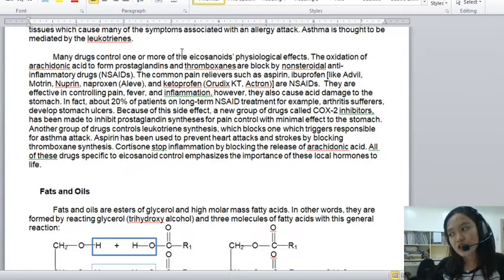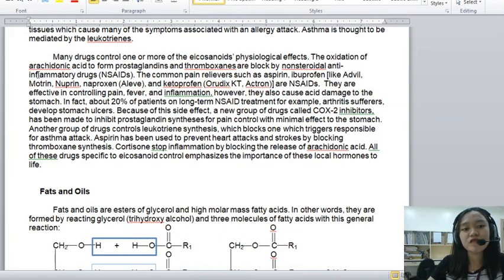So, kailangan i-suppress mo yan, kasi to lessen the pain of the patient. So, meron kang mga iniinom na drugs para ma-stop yung production ng eicosanoids para hindi na ma-stimulate yung certain reactions to allergic reactions and infections, like inflammation and pain.